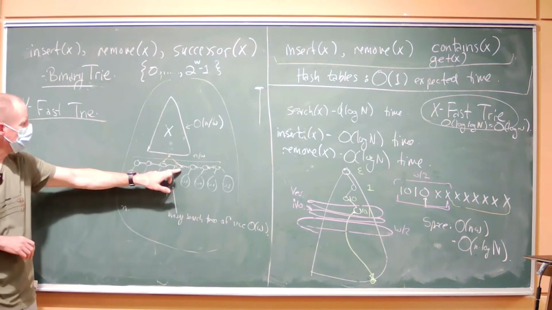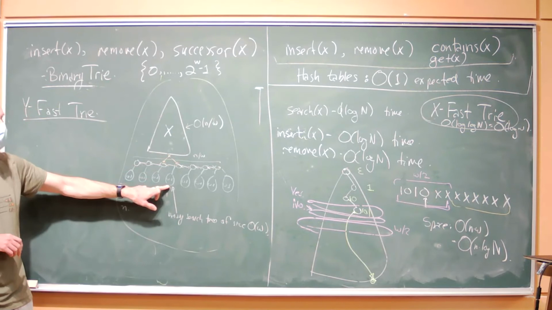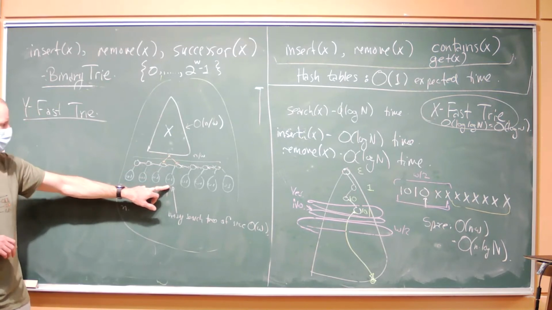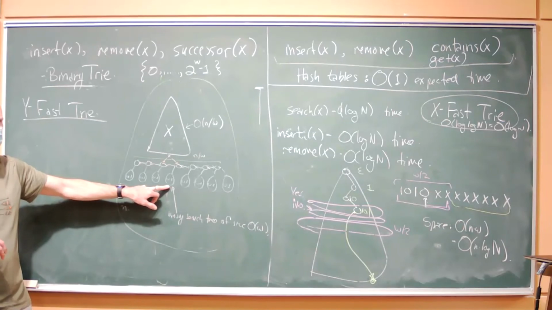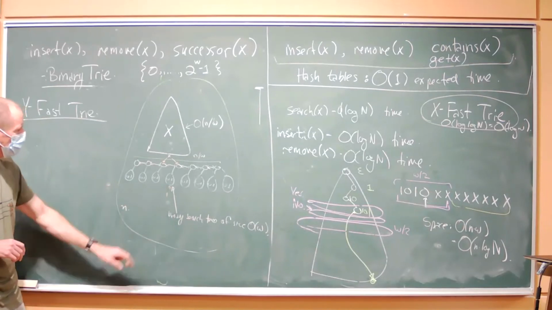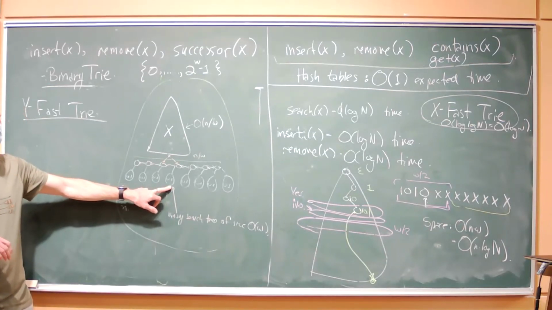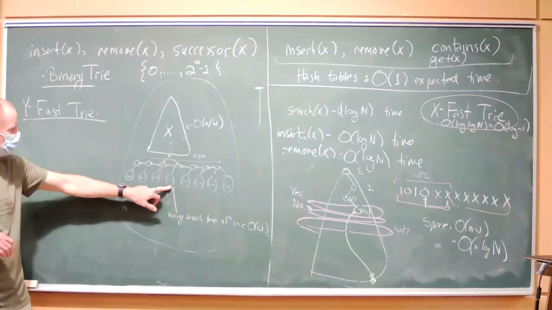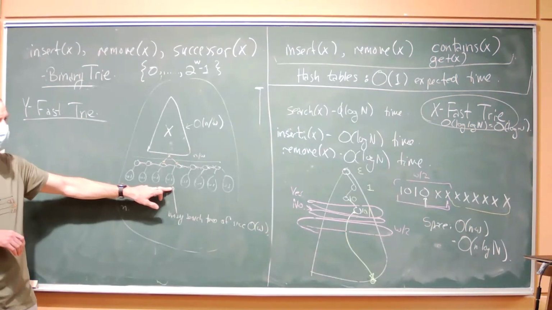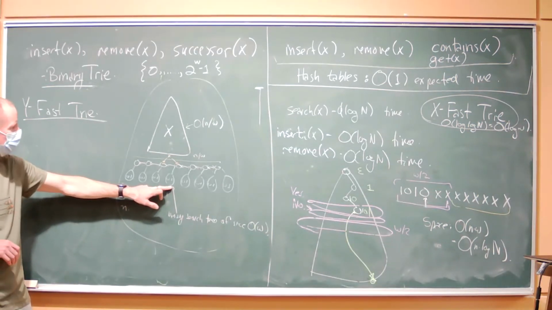From that successor of x, there's this little tree here where x should be. X should go in there. So this is just a binary search tree. I can use my favorite binary search tree that supports adding and removing in log time. In this case, it's log w time because it only has w things in it.